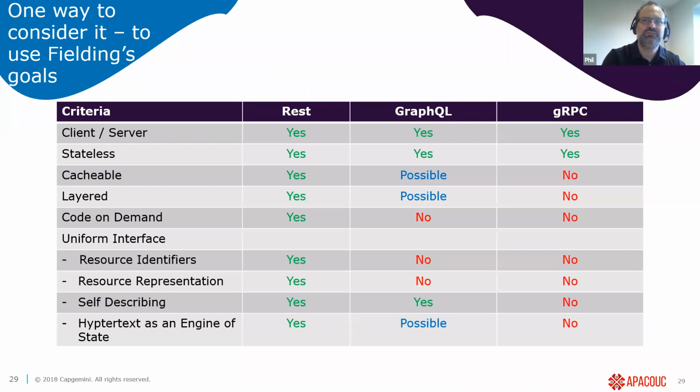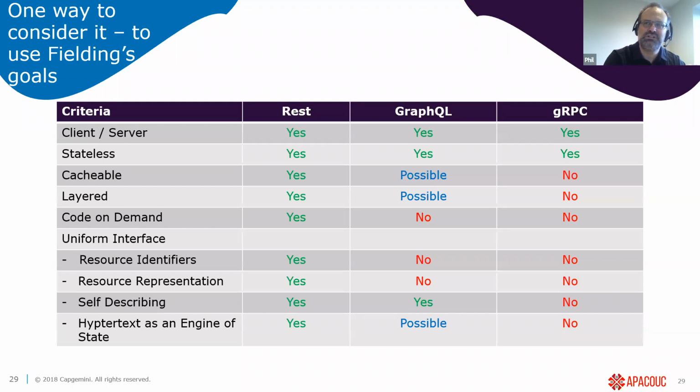Okay, so one way to evaluate APIs would be to use the Fielding definitions, and obviously it does bias the outcome to REST, but it's useful as a comparison and a reminder of the options and possibilities.